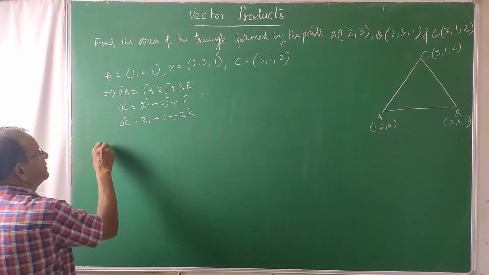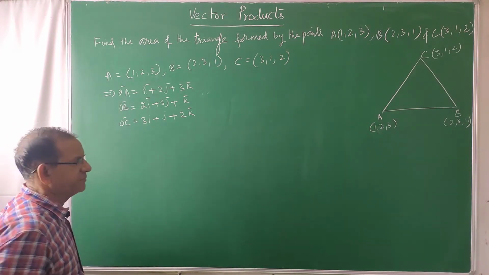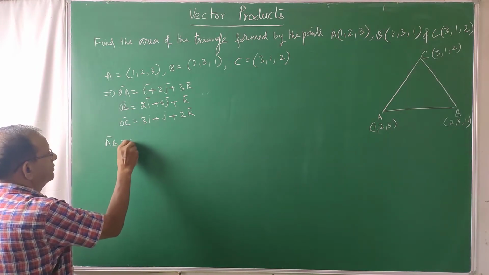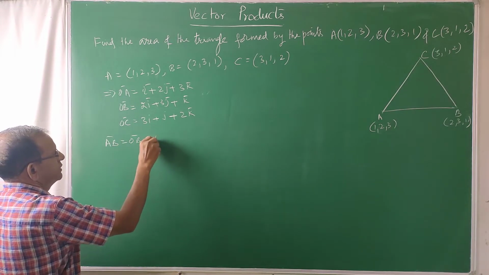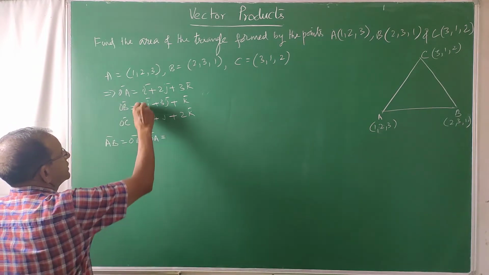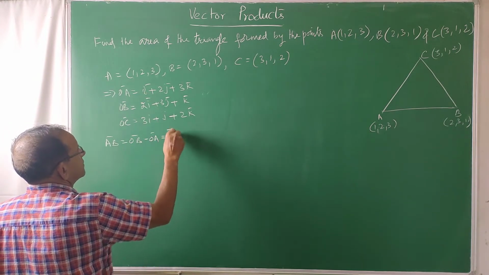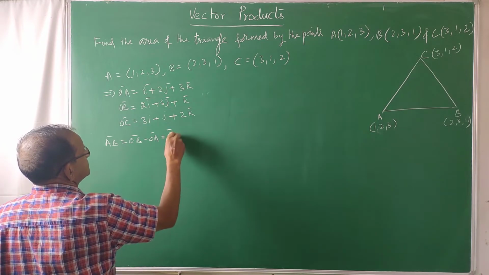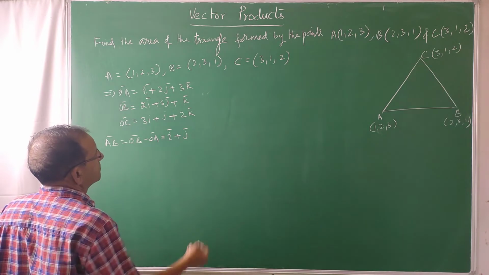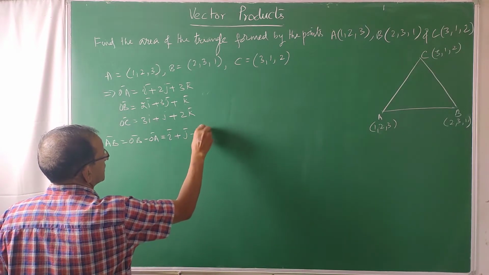Next, find out the two coterminous edges, AB bar and AC bar. AB bar is equal to OB bar minus OA bar, that is second minus first: 2i minus i bar, 3j minus j bar, k bar minus 3k bar, that is minus 2k bar.